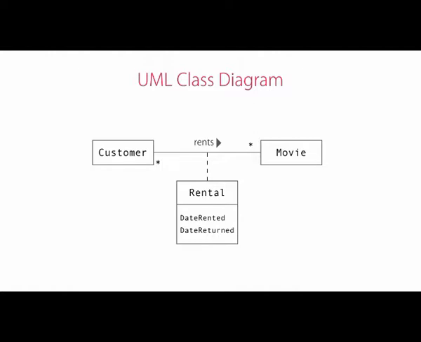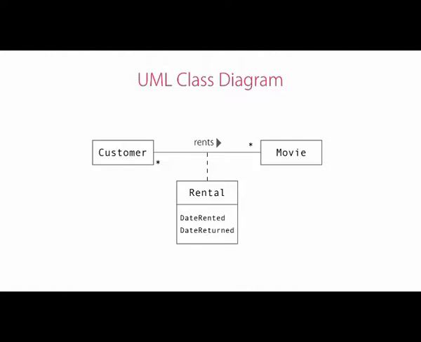In UML, when an association requires attributes, we use what we call an association class. So here, rental is an association class. In terms of naming, we name an association class based on the association. Here we have customer rents movies, so we can call this association class rental.